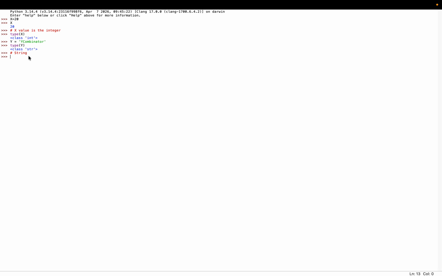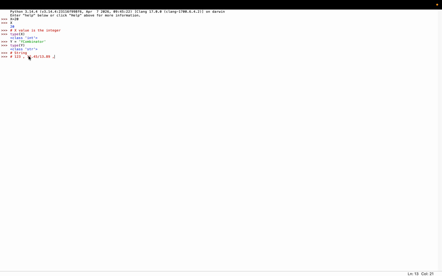Now in numbers also, we saw normal numbers like 1, 2, 3, and sometimes you face decimal numbers like 12.45 or 13.89. What is this? Decimal numbers.